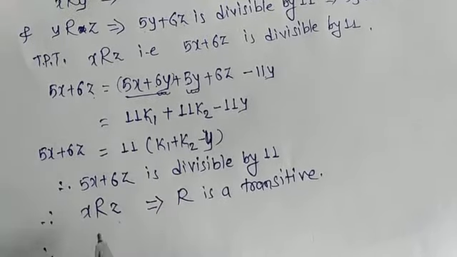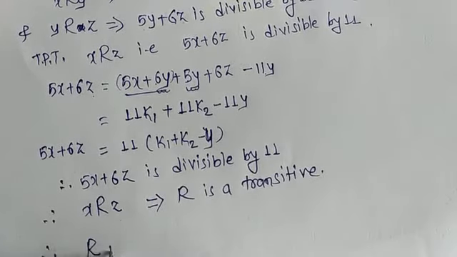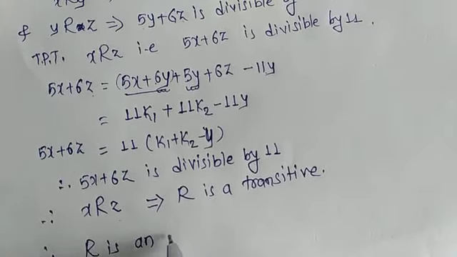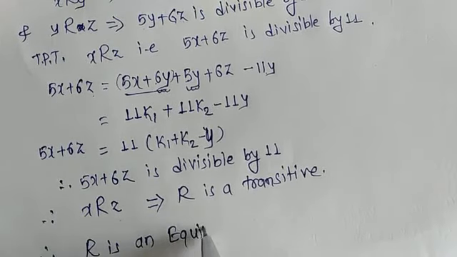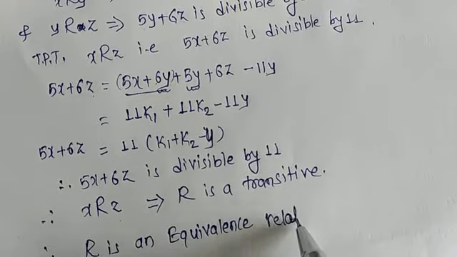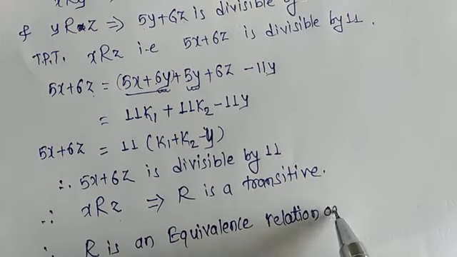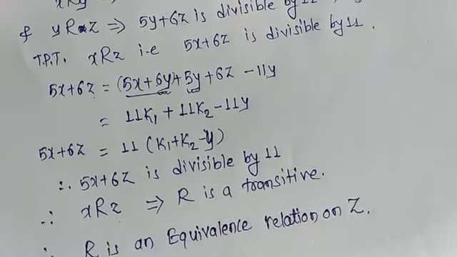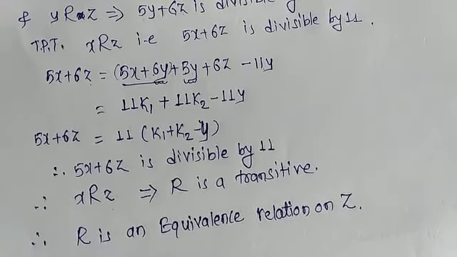From these three we can say that R is an equivalence relation on the set Z. So this is our required proof.